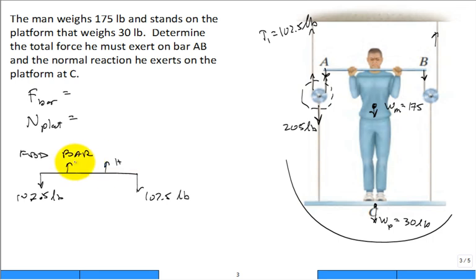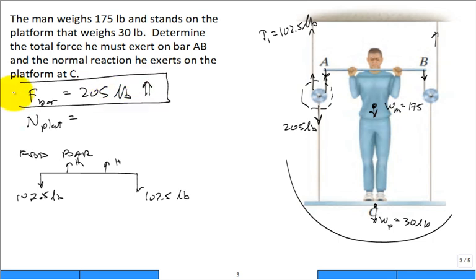So hand one and hand one are both hands. So I'll just say the hands have to push up. And so right now the total force that the man exerts on the bar is going to be 205 pounds. Better be a strong individual. And it's upward. Each hand has to push up with 102.5. So the total force is 205. Okay, so we solved for that part.